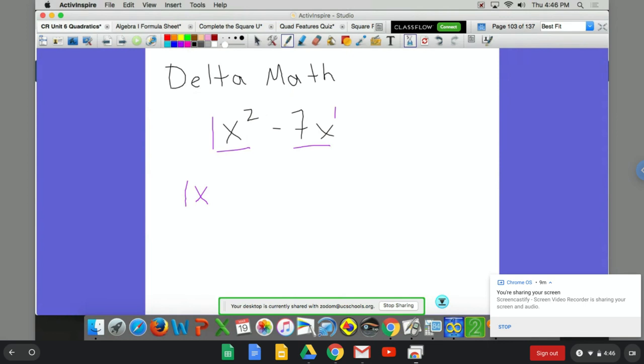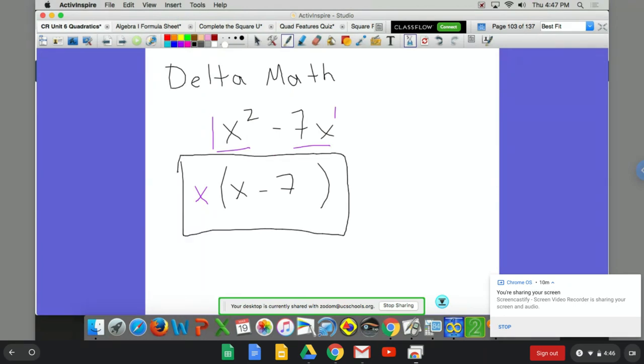Then we can fill in our parentheses. So x times what will give me x squared, and that's just going to be x. x times what will give me negative 7x, and that's just going to be negative 7. You can erase the 1, and so your final answer would look like that one.